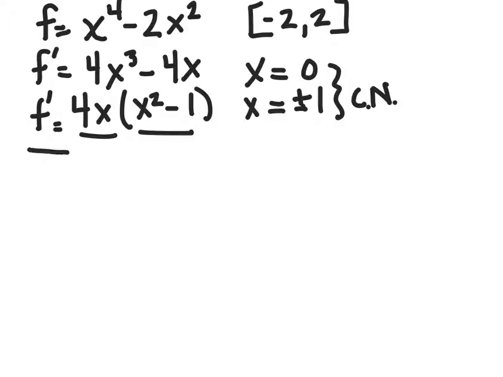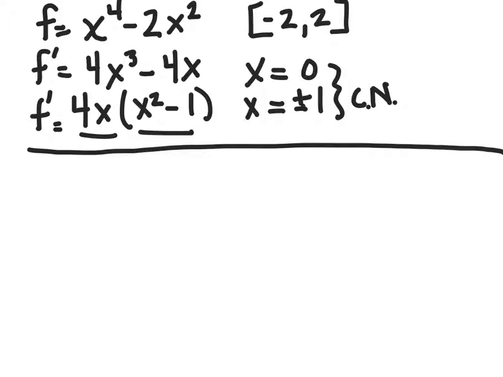We're going to evaluate the function based on these three critical numbers, but also we're going to take a look at these endpoints as well, because the endpoints can also have values of mins and maxes that are involved.